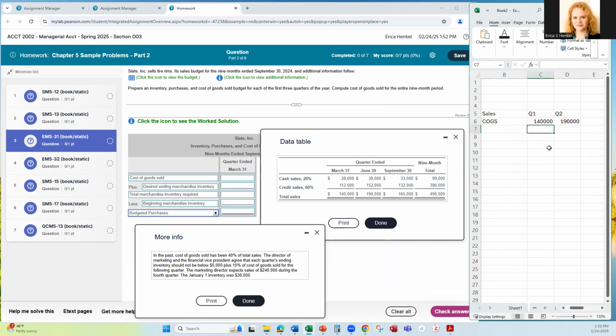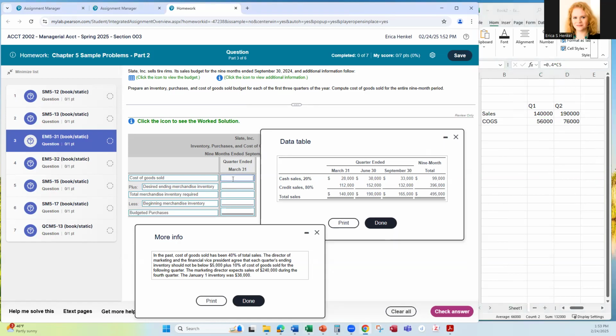Oh, whoops, let's grab these and move them up one. All right, and these are going to be 40% of sales. So that gets us to 56,000 here.